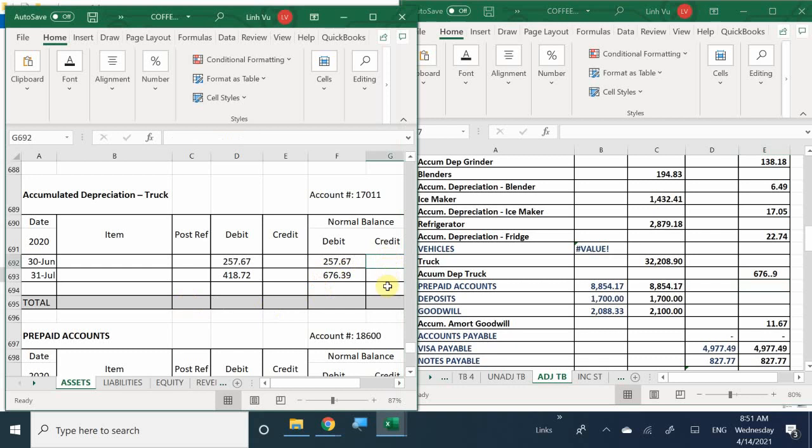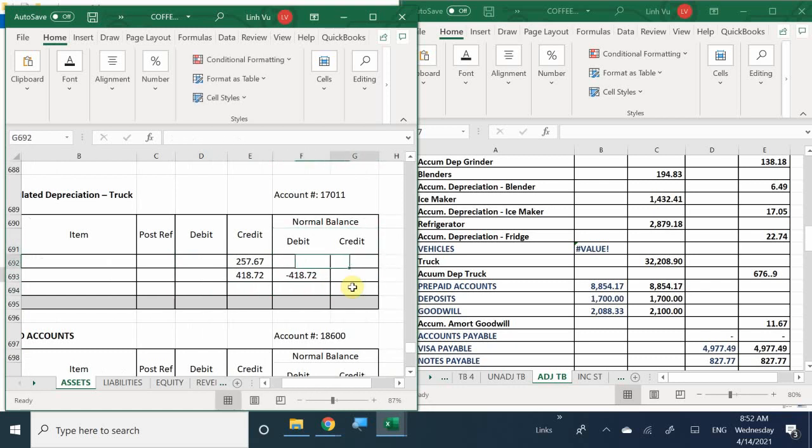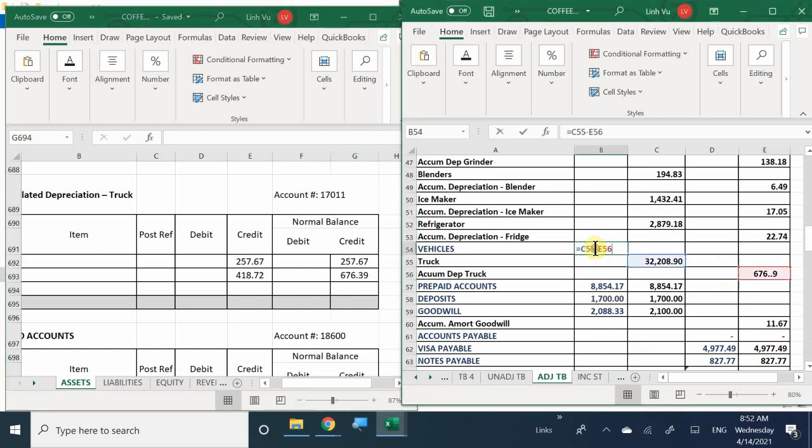It's supposed to be on the credit side. Okay, there you go. 6,730. 6,7,639. Okay. It's on the credit side. So there it is, and this has also been updated as well.